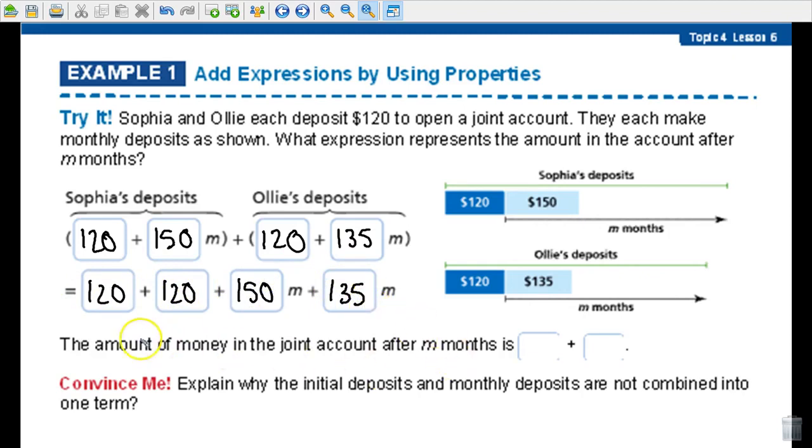All right, so now the amount of money in the joint account after M months is 120 plus 120, 240, plus 150M plus 135M. 150 plus 135 is 285M. Never forget the M, never forget the variable. So to find out how much they're putting into their joint account, it's 240 plus 285 times however many months it's been. All right?